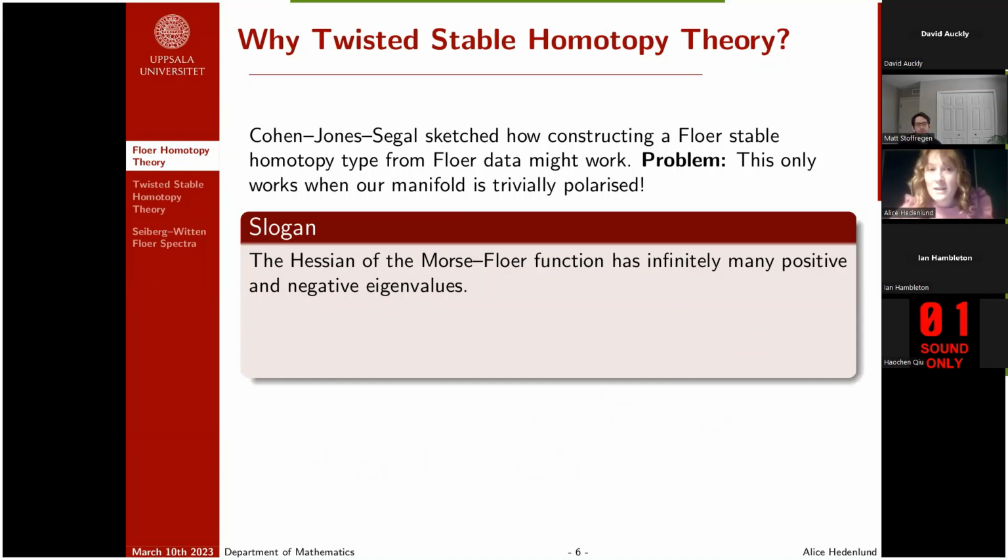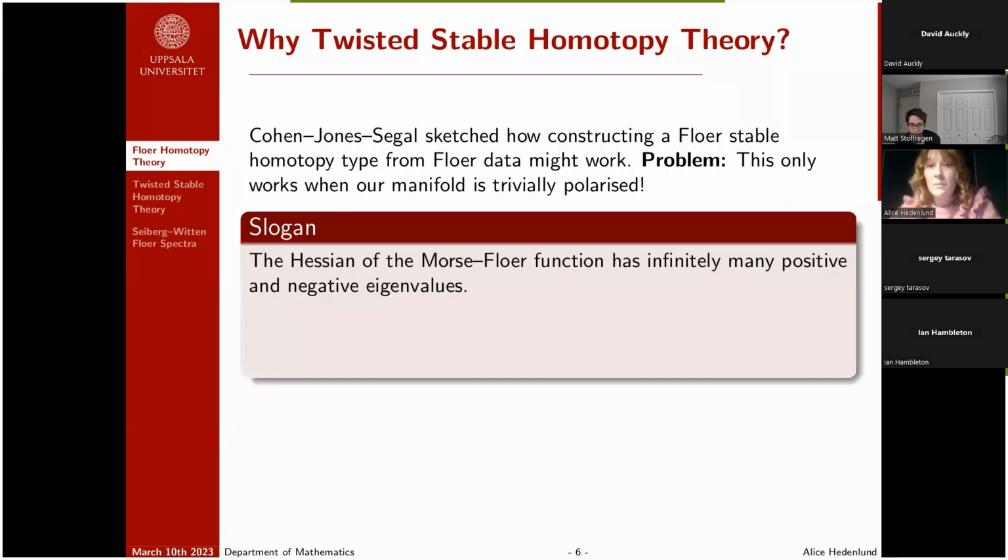Well, here I'm going to do a slogan as well. So what is a polarization? Polarization is what you get if you consider the Hessian. You have your infinite dimensional manifold, and you have some Morse Floer function on it. If I look at the Hessian of this Morse Floer function, then that has infinitely many positive and infinitely many negative eigenvalues.